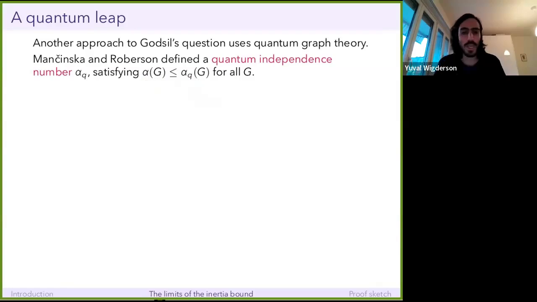And I won't say anything about the definition because it's pretty complicated and I actually don't understand it all that well. But it's sort of motivated by viewing the independence number as some sort of game and then imagining what would happen if you set up that game with entanglement. And then doing that allows you to define this quantum independence number.